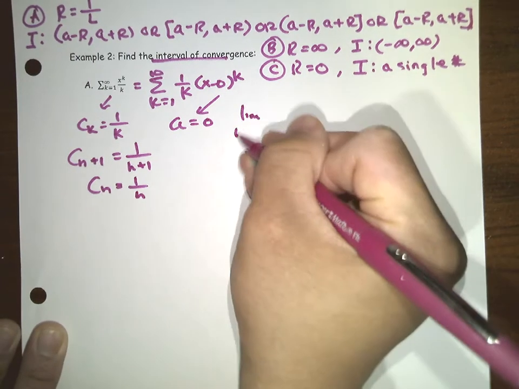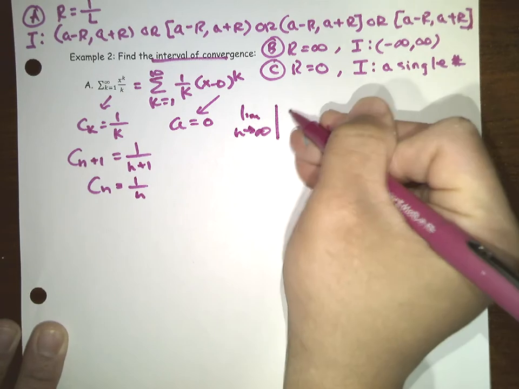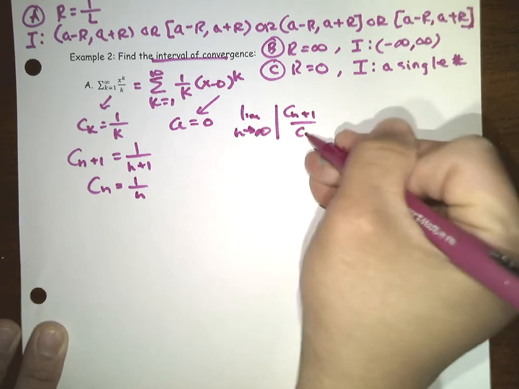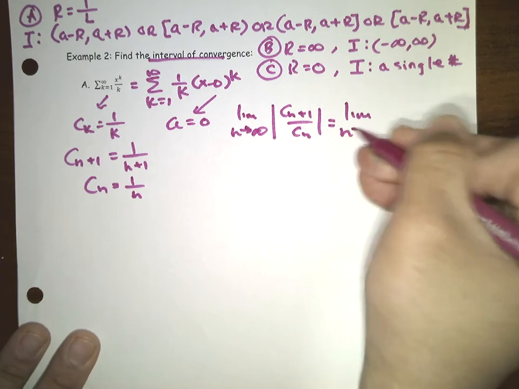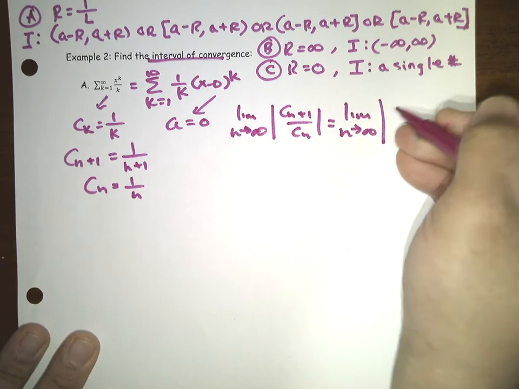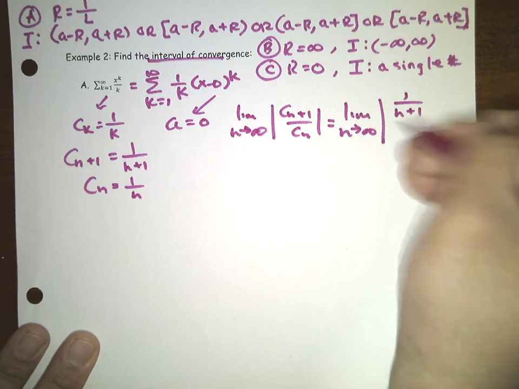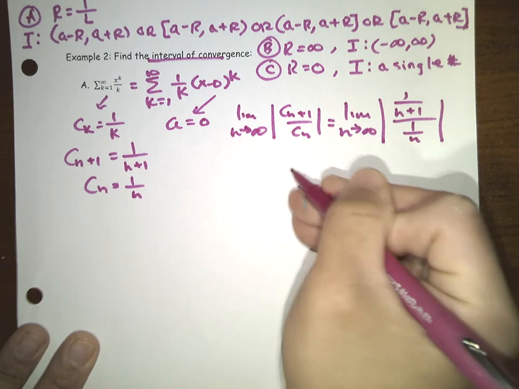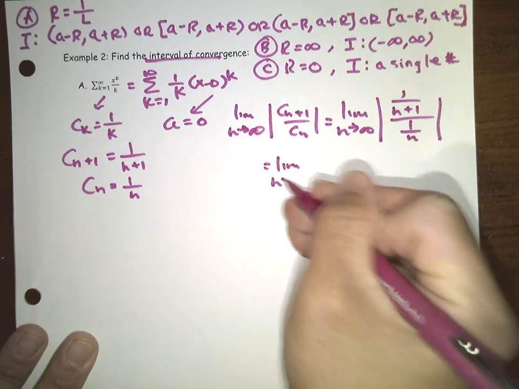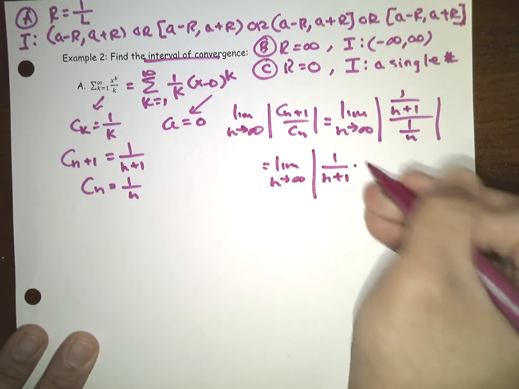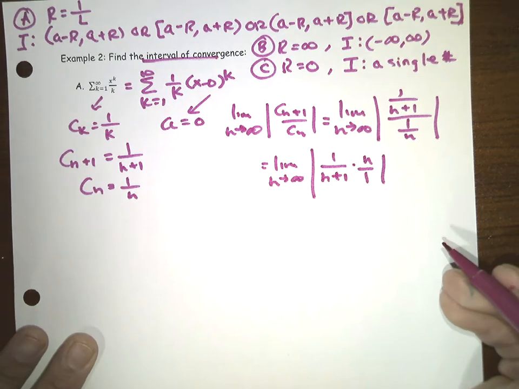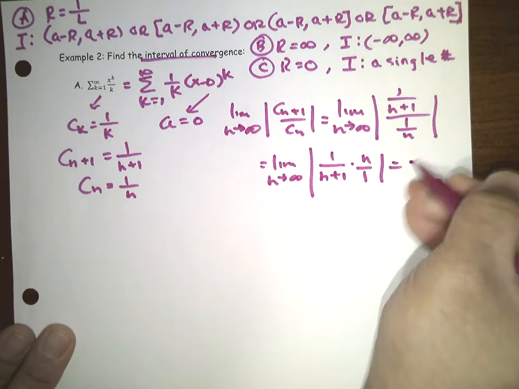So the limit as n goes to infinity of the absolute value of c_(n+1) over c_n is the limit of the absolute value of 1 over n plus 1 over 1 over n. That's the limit of 1 over n plus 1 times n over 1, and that ends up just being 1.